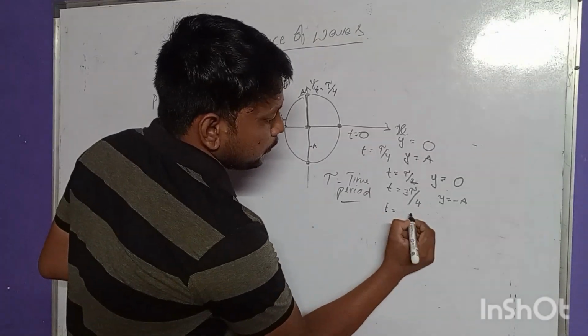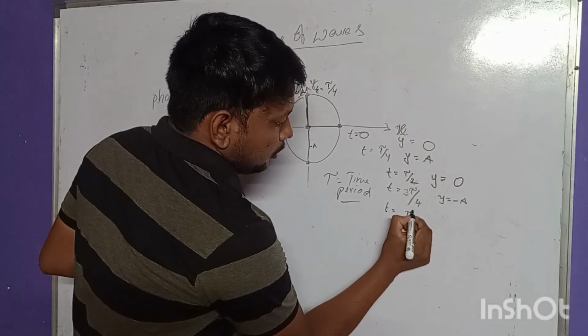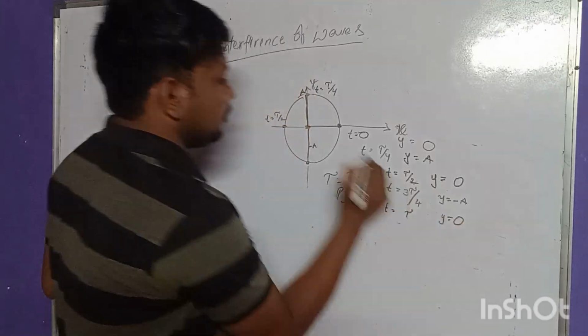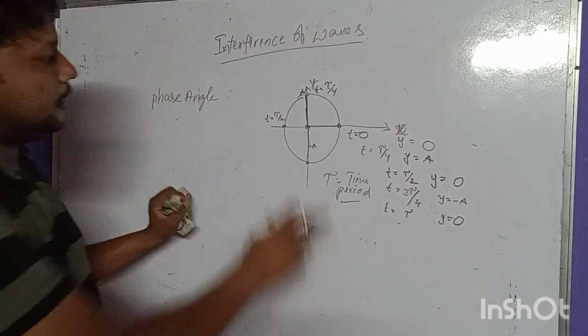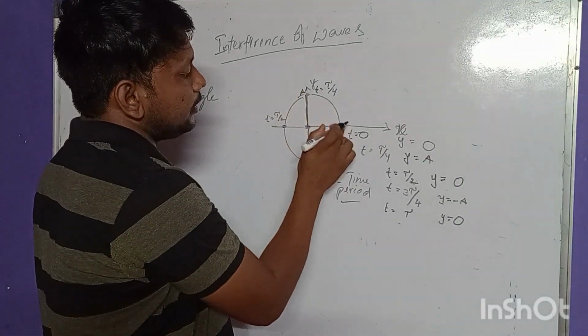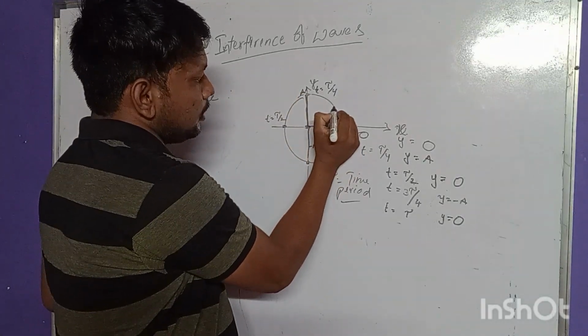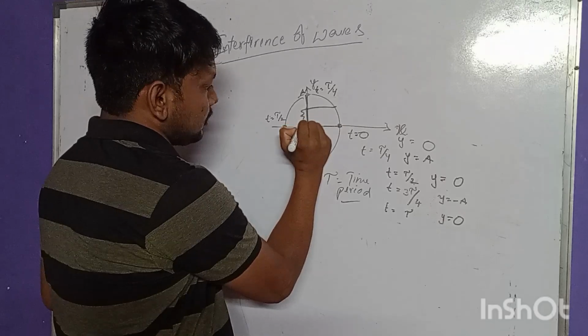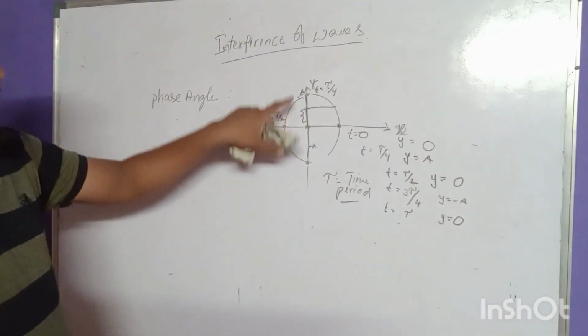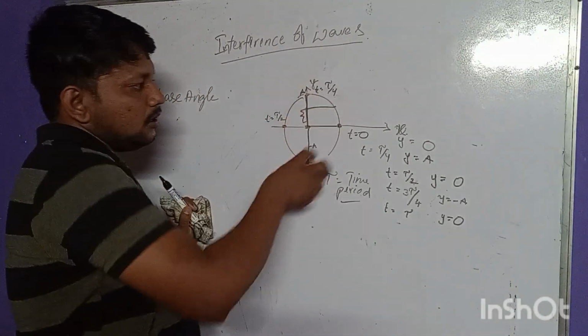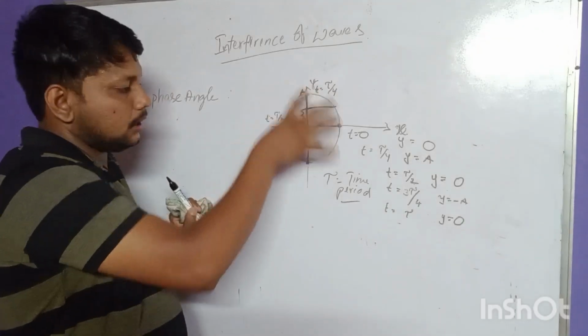At t is equal to τ, y is equal to 0. Again here, in between τ/4 and t is equal to 0, the projection is here. We are taking 4 samples.